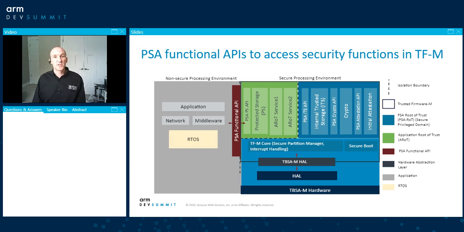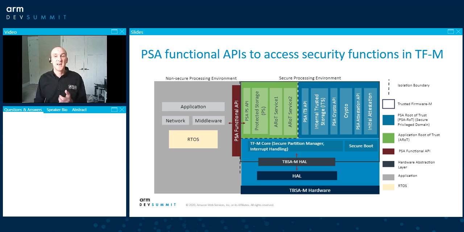So this diagram is showing the non-secure processing environment on the left. This is the gray part, and the secure processing area on the right. So Trusted Firmware-M implements the secure processing on the right. This is not only providing that secure processing environment. Let me explain what I mean by that.